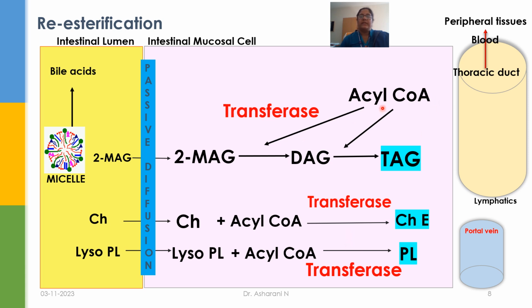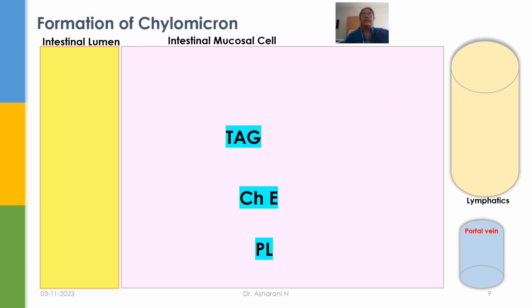They transfer this activated fatty acid onto either 2-MAG, cholesterol, or lysophospholipid, forming triacylglycerol, cholesterol ester, and phospholipid respectively. At the end of this re-esterification mechanism, in the mucosal cell we have triacylglycerol, cholesterol ester, and phospholipids.